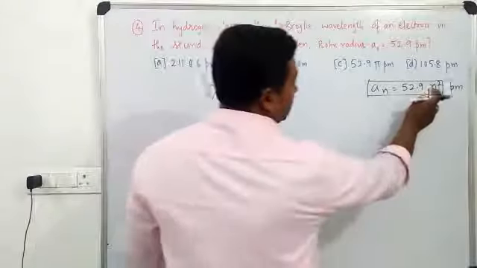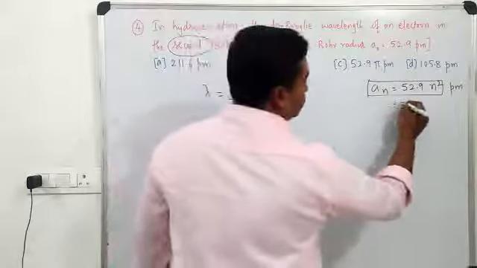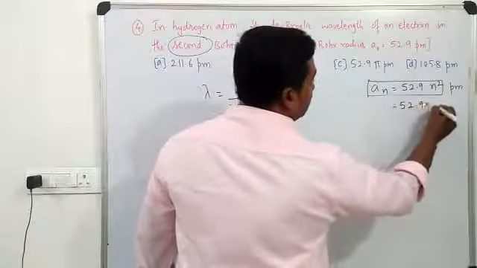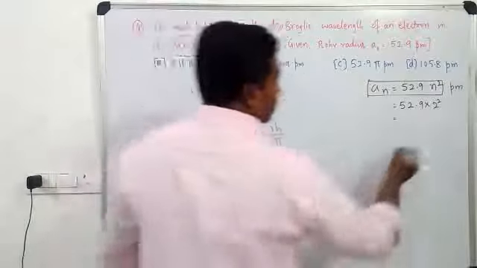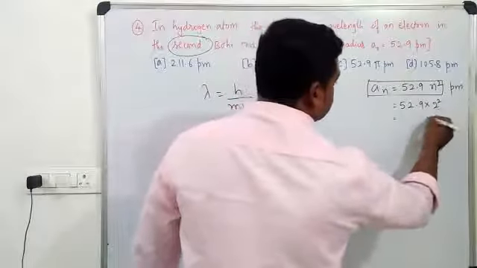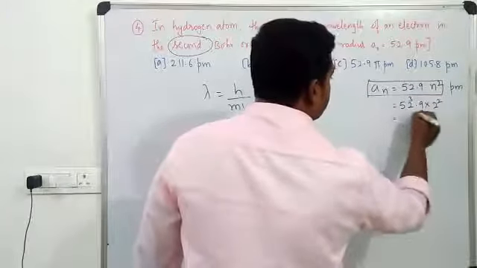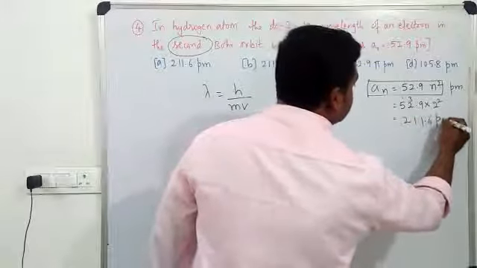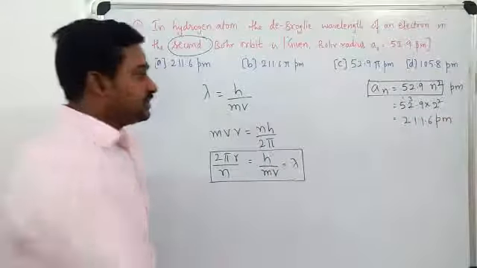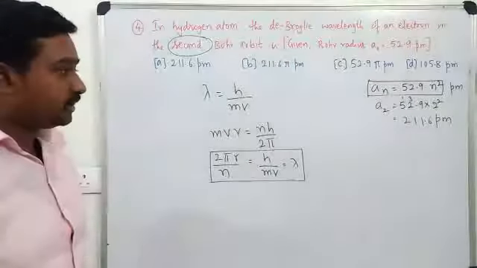Okay, if I substitute n equal to 2, because this is second orbit, that 52.9 into 2 square will be, into 4 it will be. So now I will calculate into 4. I got 211.6 picometer. This is the value of A2, second Bohr orbit.